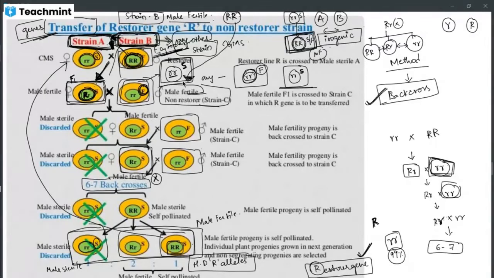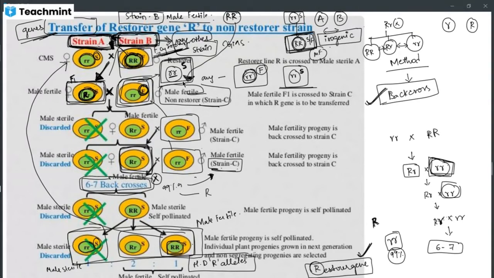Yes, sir. So this strain will be used as the recurrent parent because we will be using the same strain again and again. And ultimately what happens, this strain C, in this example it is given as strain C, after 6 to 7 backcrosses, this strain will have 99.99% of its genome similar to strain C, except for a single gene.